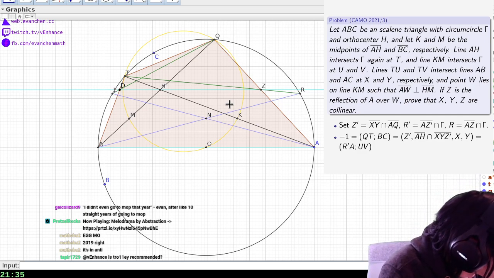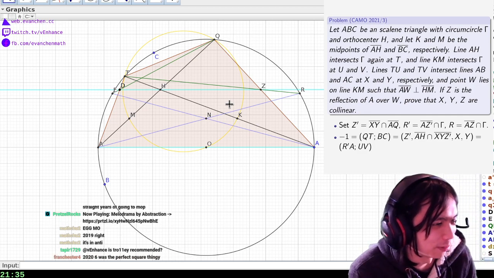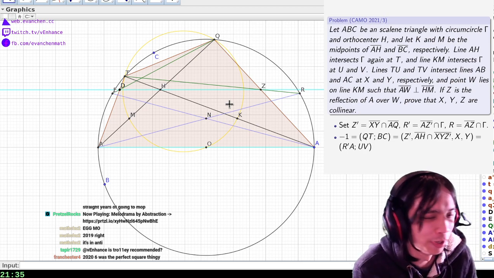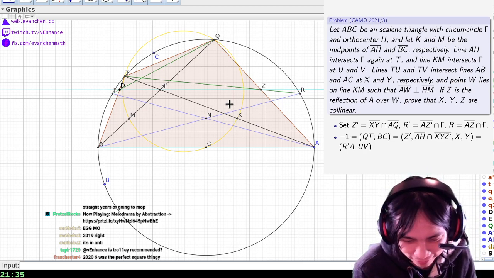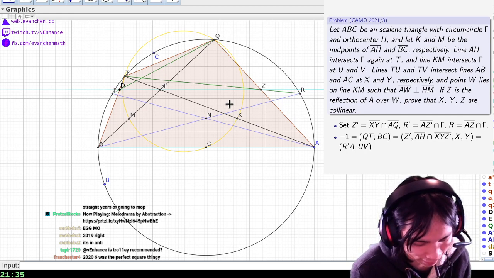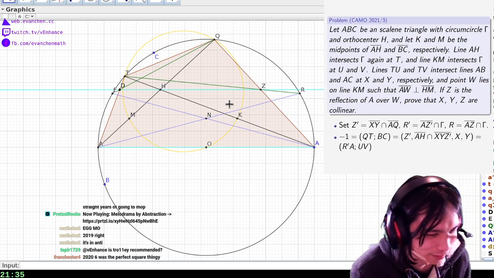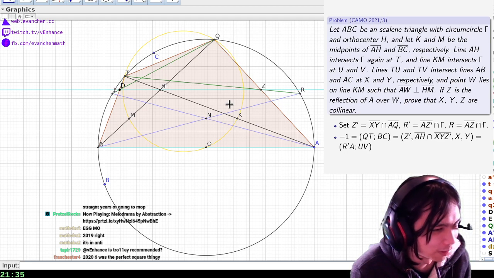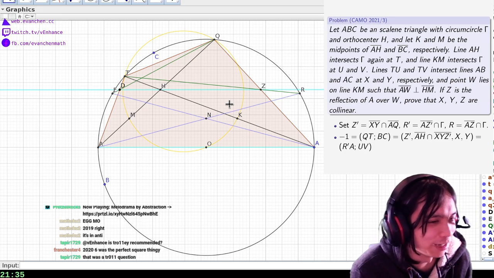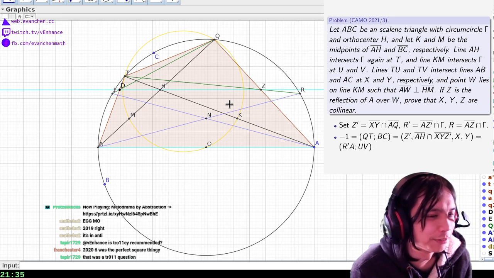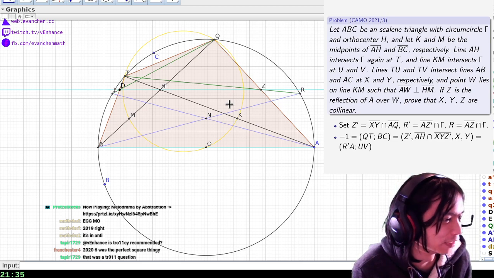Evan, is trolley recommended? Like, no. I literally tried to do as bad of a job as I could while being mathematically still complete when I wrote that thing.